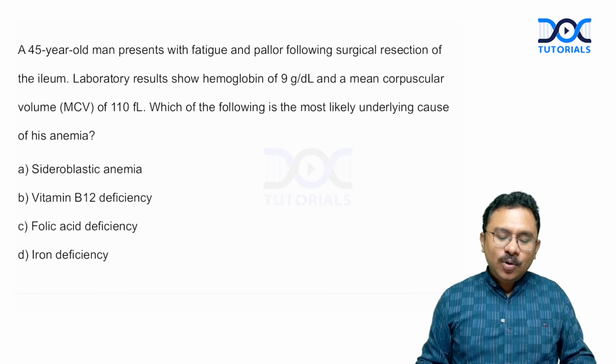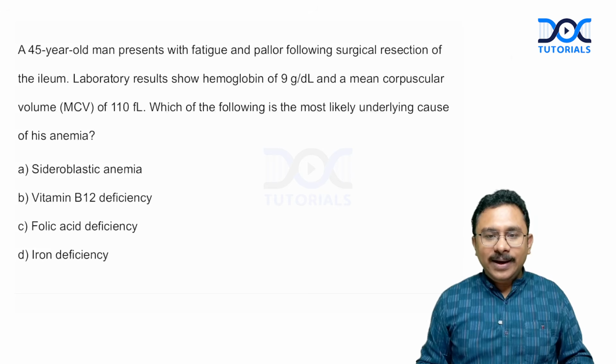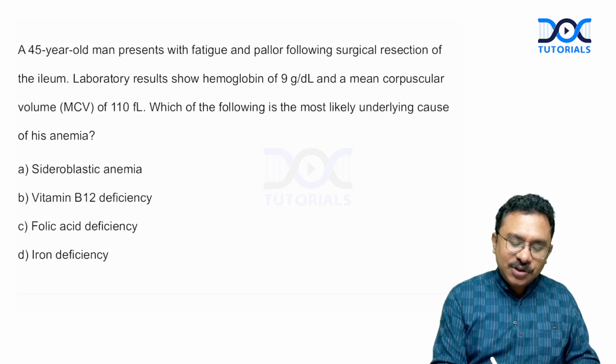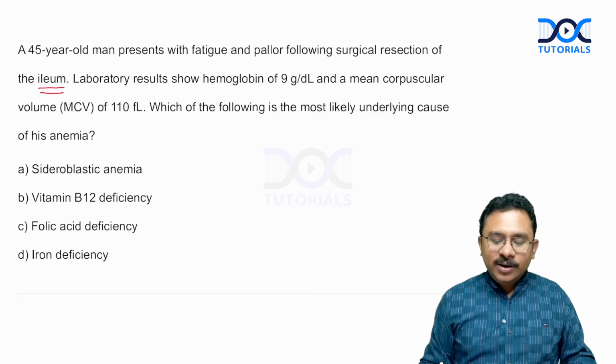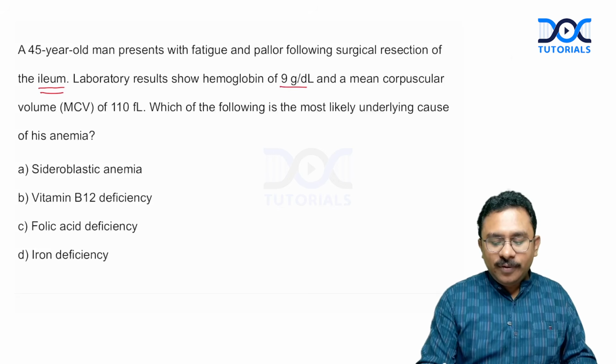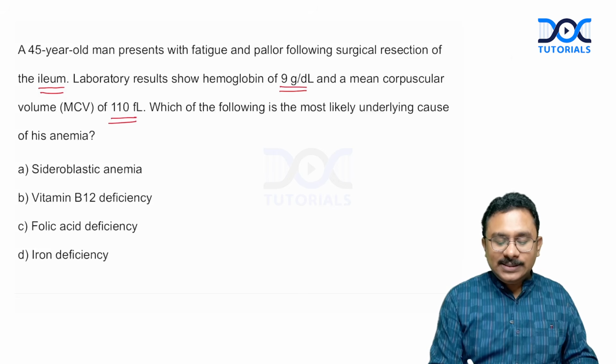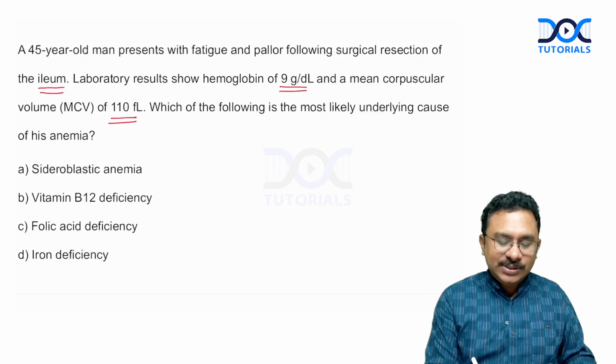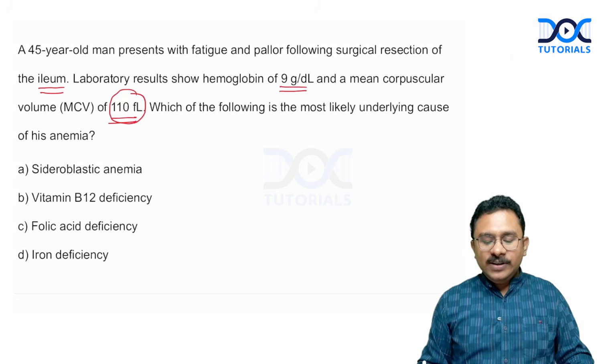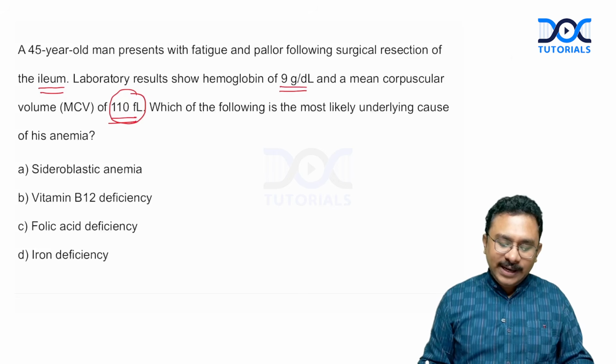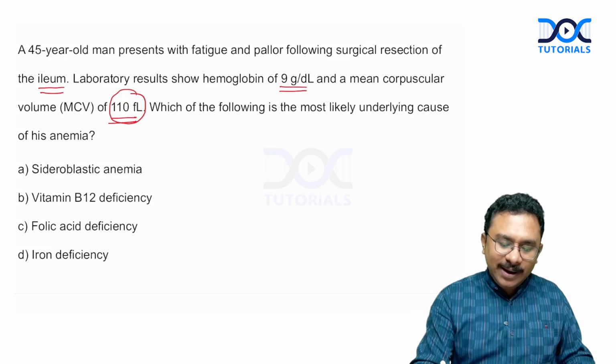A 45-year-old man presents with fatigue and pallor following surgical resection of the ileum. Laboratory studies show a hemoglobin of 9 and an MCV, again suggestive of macrocytosis as it is increased. Which of the following is the likely cause of his anemia? So we are already having macrocytosis.